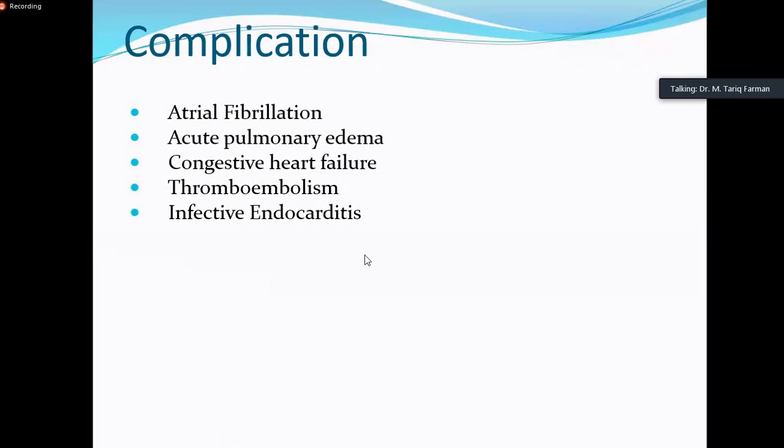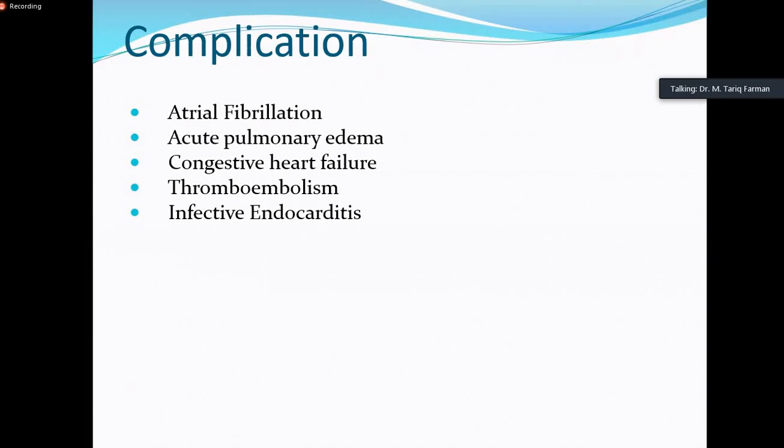It can go anywhere in the system, mostly in the cerebrovascular system, and can cause stroke, limb infarction, renal infarction, mesenteric infarction, wherever it goes. So mostly it causes cerebrovascular disease, stroke, and hemiplegia. The patient may present with hemiplegia.